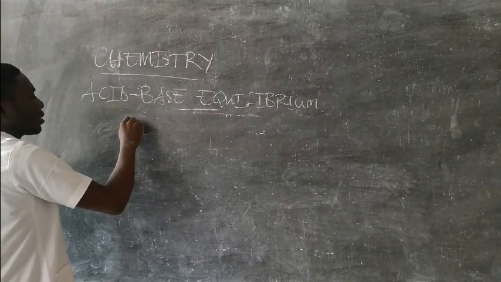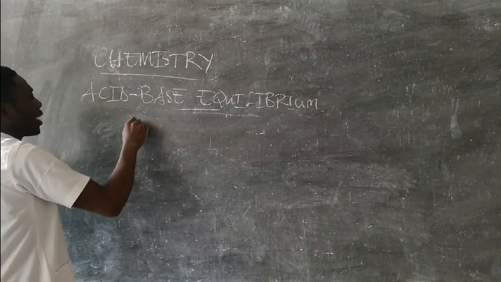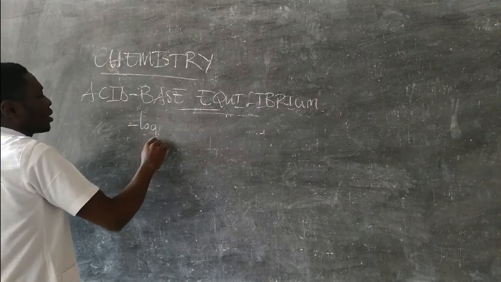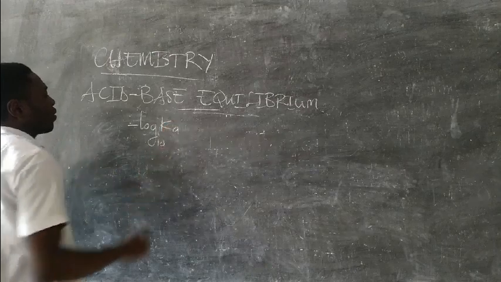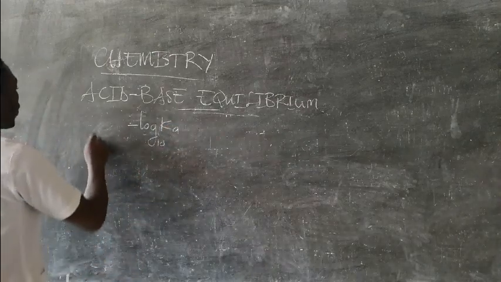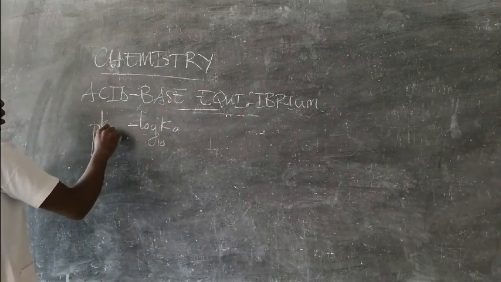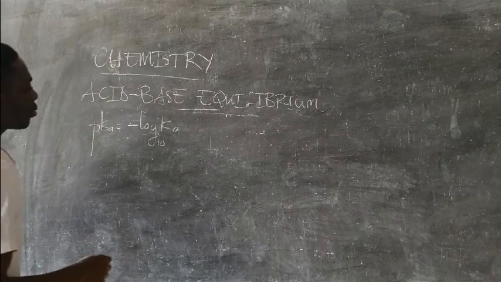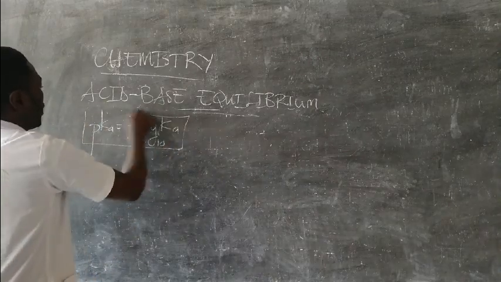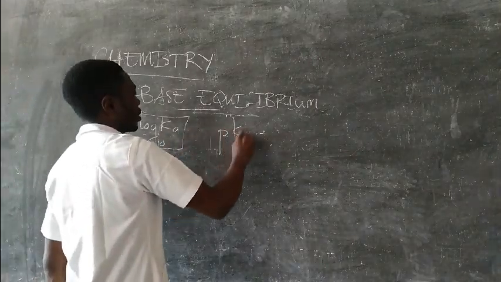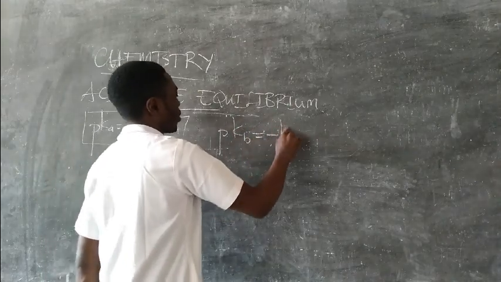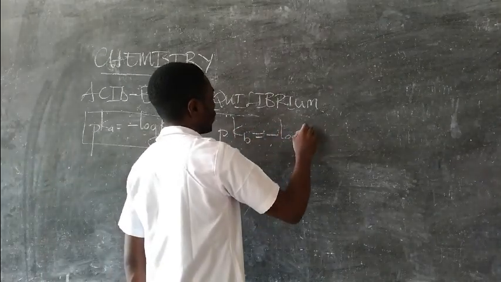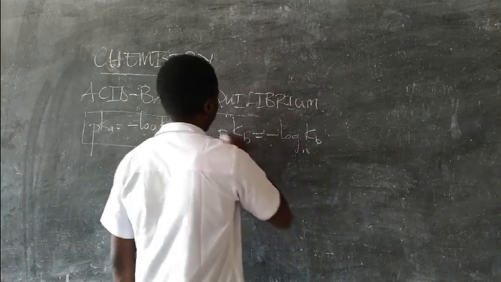Now, the Ka of an acid, if you take negative log to the base 10 of the equilibrium constant of an acid, we call it the pKa. Okay, so if you hear about the pKa, that will be that. Of course, pKb will be equal to negative log to the base 10 of the Kb.